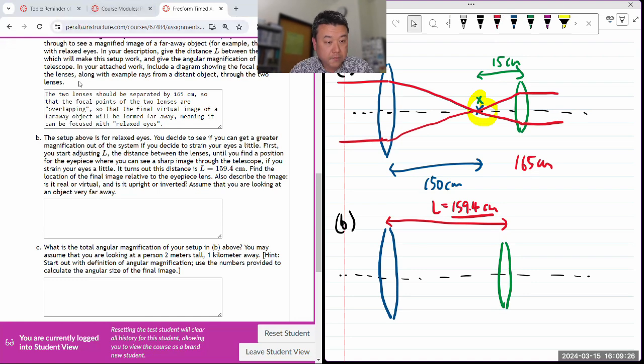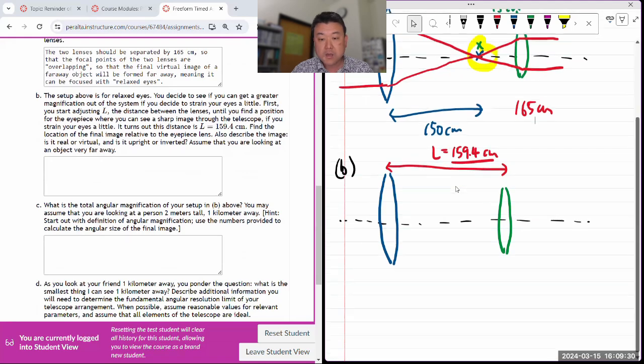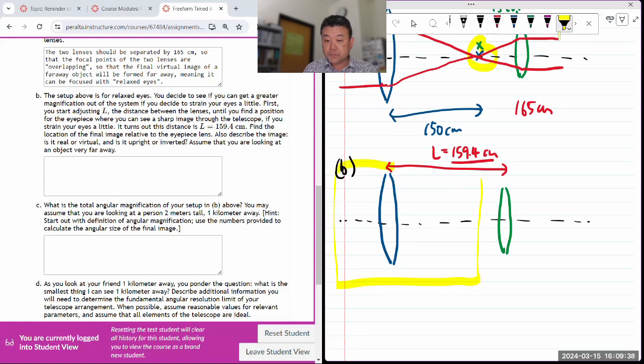Find the location of the final image relative to the eyepiece lens. Also describe the image. Okay, good. So this is what you work through. You analyze each lens one at a time. So here's a lens with 50 centimeter focal length, and you have some object distance DO that's approaching infinity.